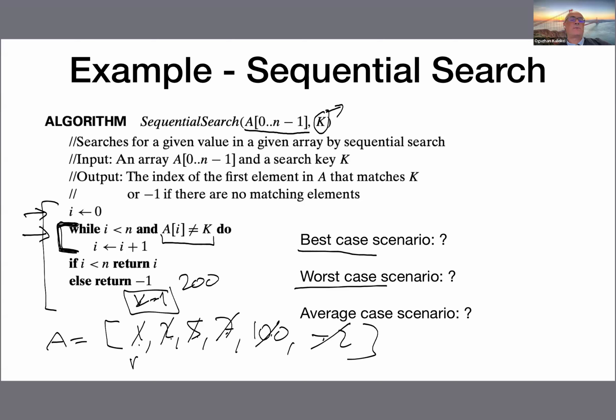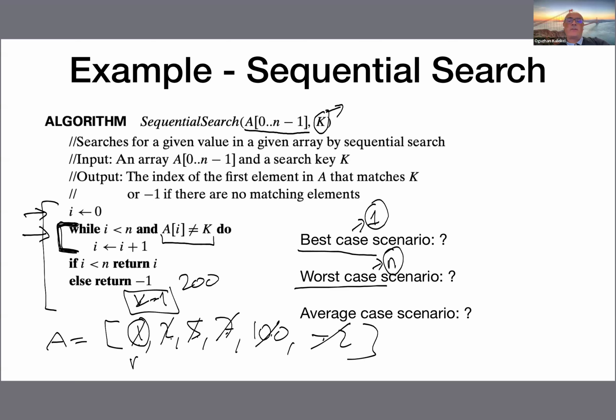So I will just check the first position and I will find it. So in the best case scenario, I will have only one comparison, but in the worst case scenario, I will have n comparisons. So that makes a difference, right?